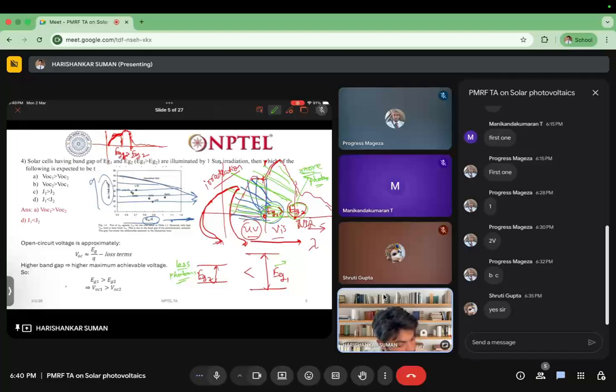Sorry, I said it wrong, the second has the smaller band gap, so there are more photons for Eg2, and fewer for Eg1.